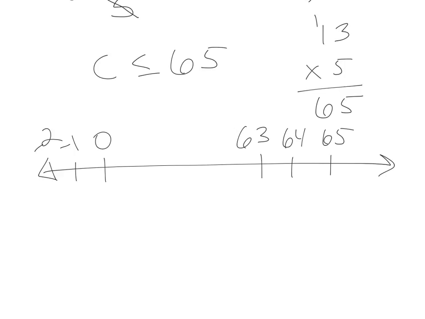We're talking about an inequality that has an or equal to. So we know we're going to be using a closed circle. So we're going to graph on 65. And then we're going to shade to the left because it's less than.